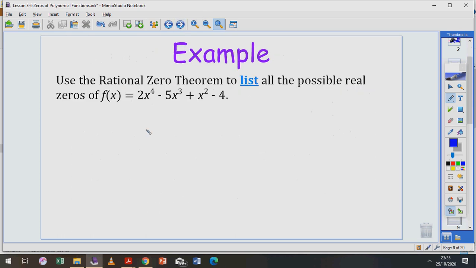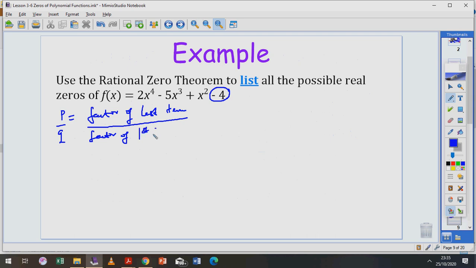So if I want to use the rational zero theorem to list all the possible real zeros, I know that if a polynomial has rational zeros p out of q, then p is going to be a factor of the constant term, or the last term, and q is going to be a factor of the leading coefficient. Let me just call it first coefficient.